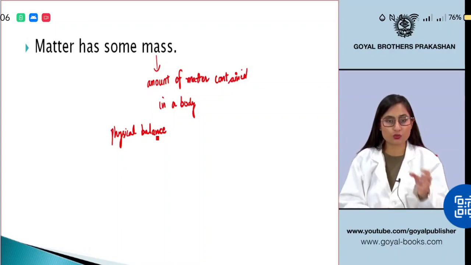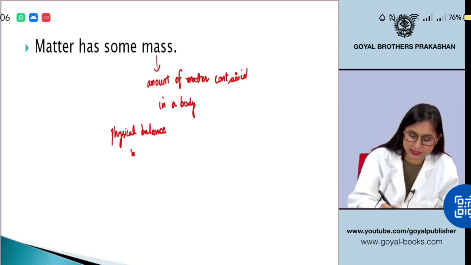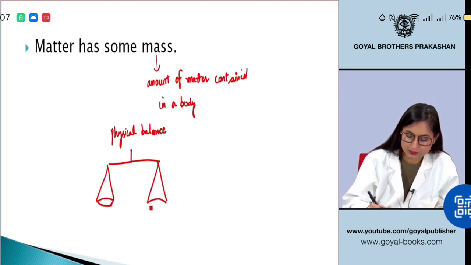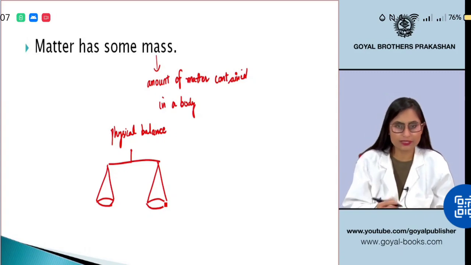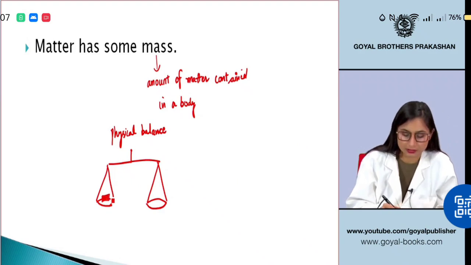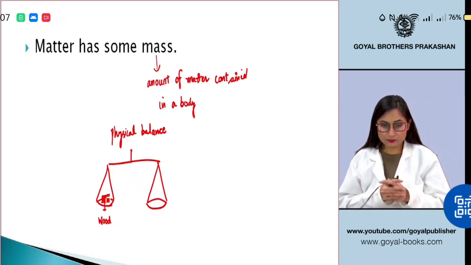If you place a stone or a piece of wood on one branch of the physical balance, you have a physical balance, for example, correct? This is the physical balance. On any one of the sides, you put wood, or you can take a wooden piece on this side of the balance. Now, what will you notice?